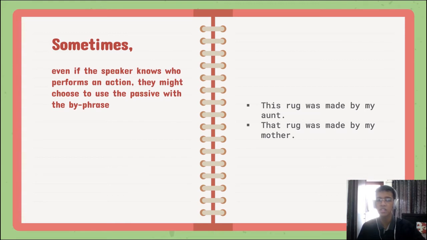So in this case, the passive voice is used instead. The example is, "This rock was made by my aunt. That rock was made by my mother." In these two sentences, the main focus isn't who made it, but rather the rock itself, one made by his or her aunt and the other made by his or her mother.